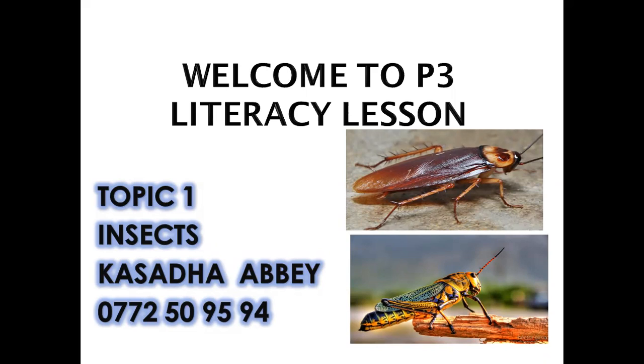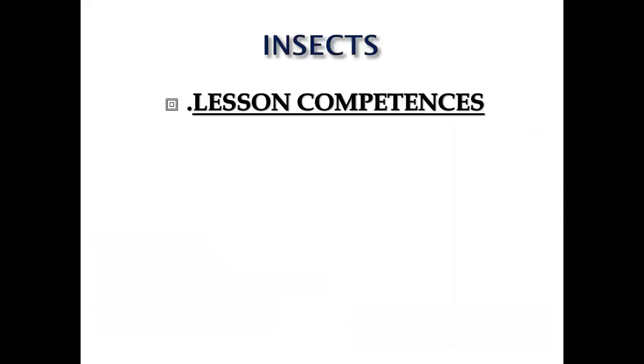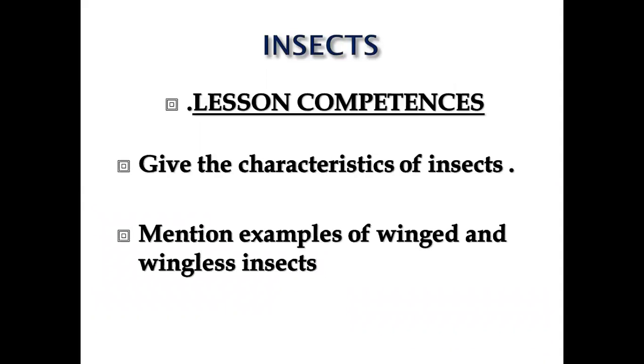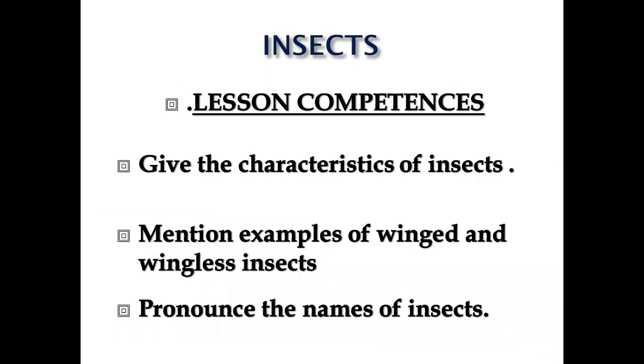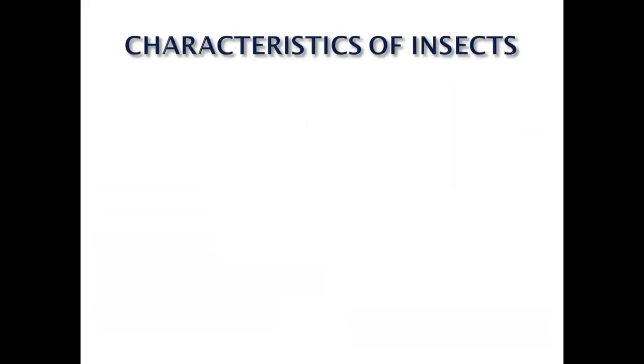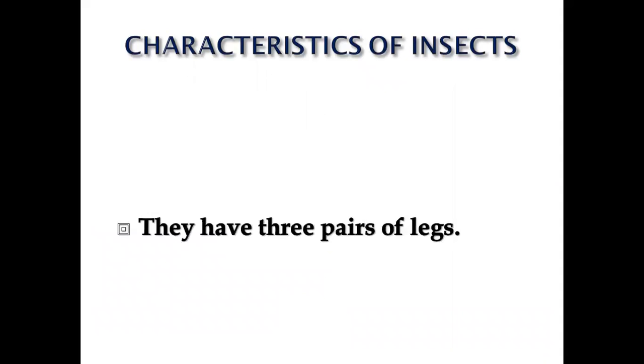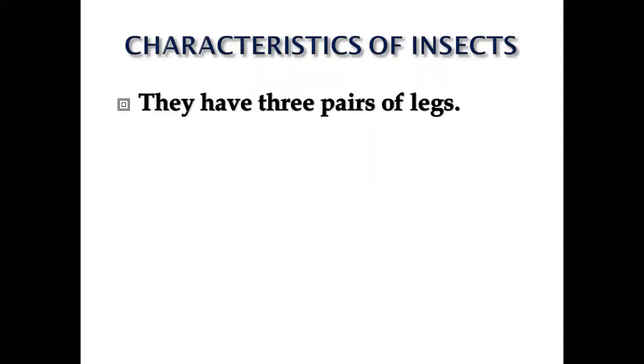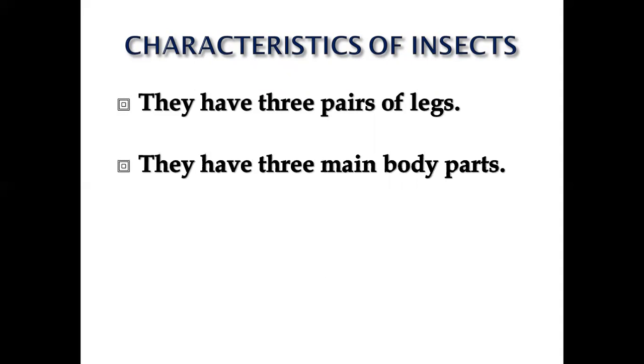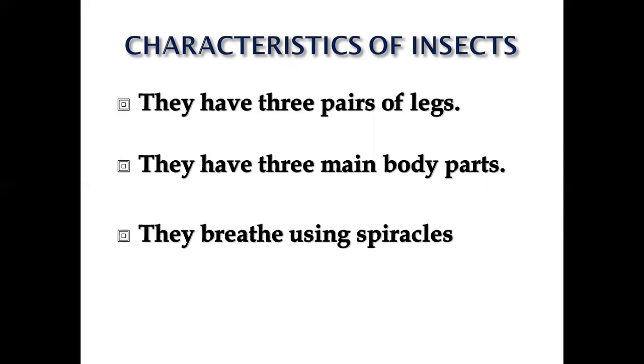In our previous lesson, we looked at insects, mentioned the examples and their common features, which we can call characteristics. We said all insects must have 3 pairs of legs, all insects must have 3 main body parts, and they breathe through spiracles.